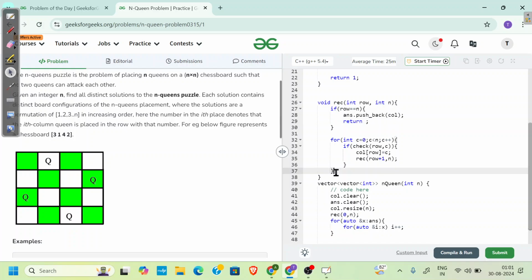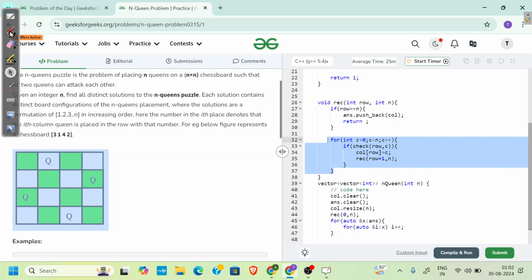Otherwise, for any other row in between, I will check whether I can place a queen, for all possibilities. Here I am calling the check function with row and C. If I can place a queen here, I mark the column of this row as C and move to the next row.